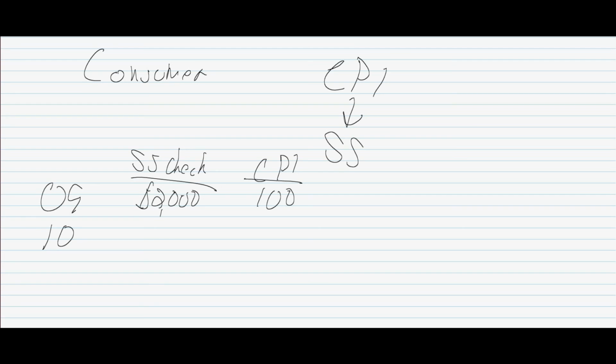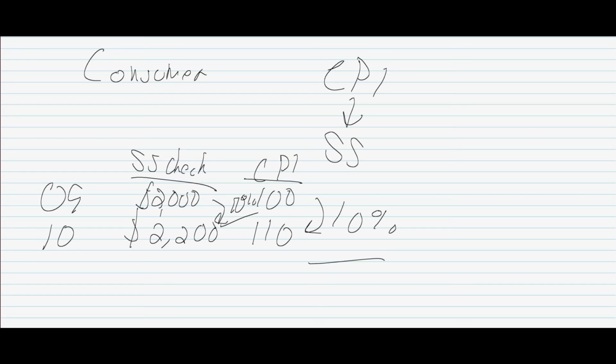In 2010, the CPI was 110. Your Social Security check is now going to be $2,200. This increased by 10%. So we're assuming inflation increased by 10%. Prices increased by 10%, so we're going to increase this check by 10% in order to balance that out. So that's how that works.